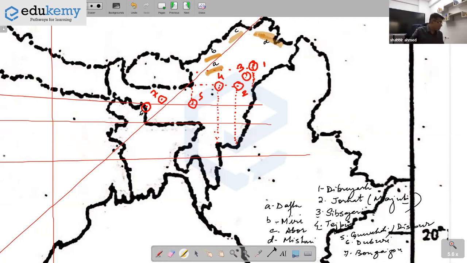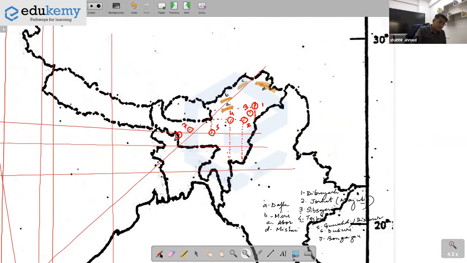So now when you draw the river, the main river comes from parts of, again, Mansarovar Lake. This is Mansarovar Lake here. The whole river will come like this, it will enter from here like this, and pass through Dibrugarh, Sivasagar, Tezpur, Bongaigaon, and here.